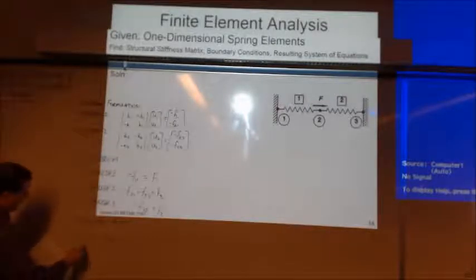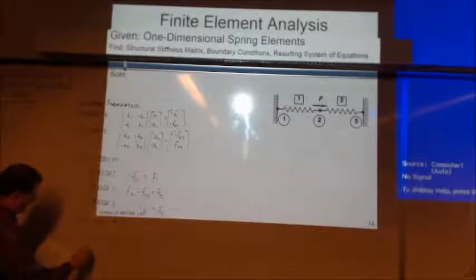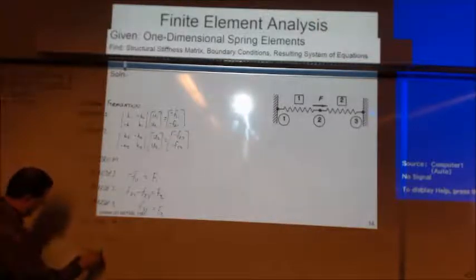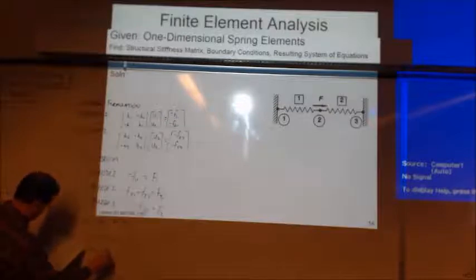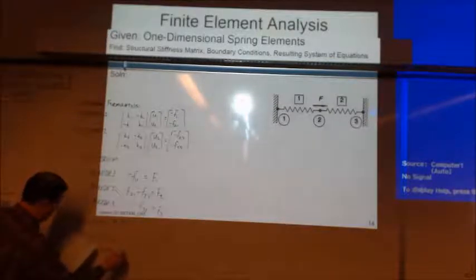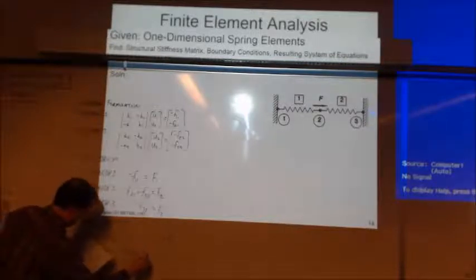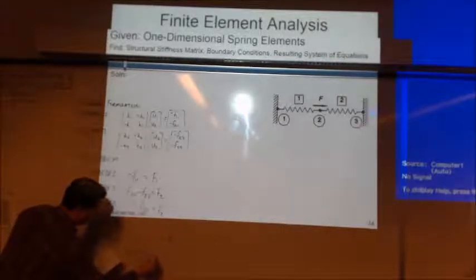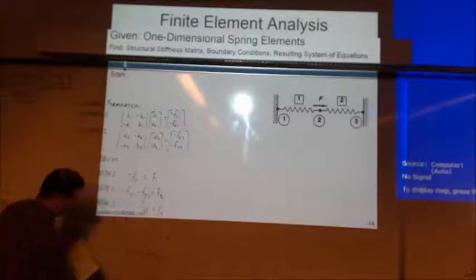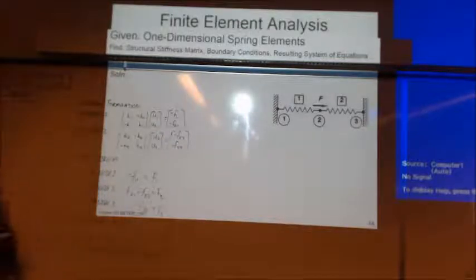So K1 U1, right, plus K1 U2 plus K2 U2 minus K2 U3 equals F2. Okay, does that make sense to everybody?